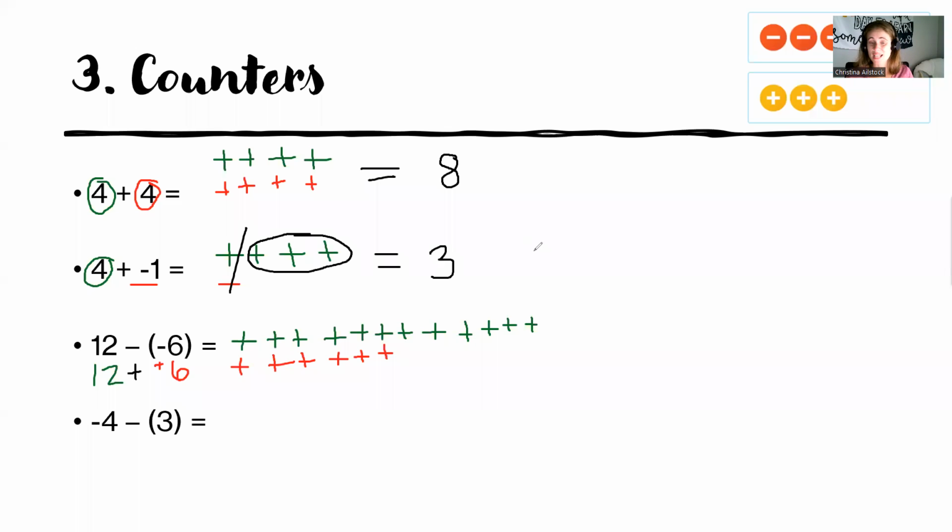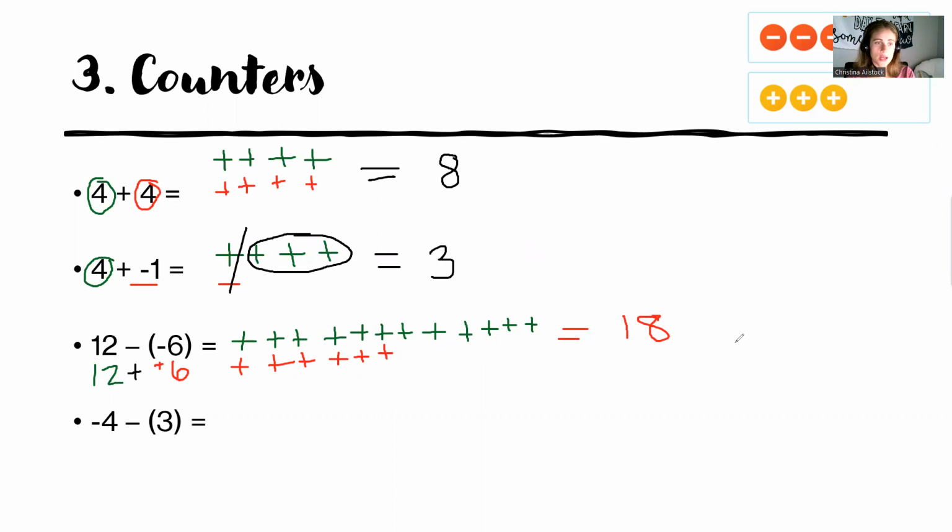All right, they're all positives, so that means I don't have any positives and negatives like I did in the previous question to cancel out. So I can just add them all up together, giving us a total. If I add all of these up, the 12 green ones and then the 6 red ones, an answer of 18.